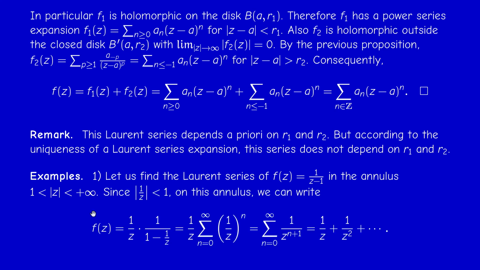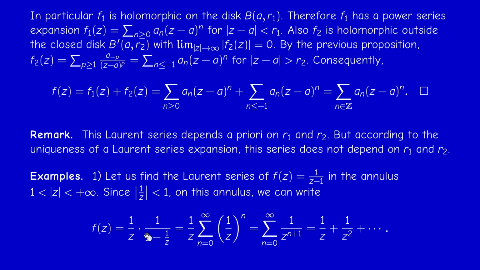The first thing to do: if the modulus of z is bigger than 1, then 1 over z in modulus is less than 1. So the idea is to factor out z and make 1 minus 1 over z appear in the denominator. Now we see that this is a geometric series of ratio less than 1 in modulus.